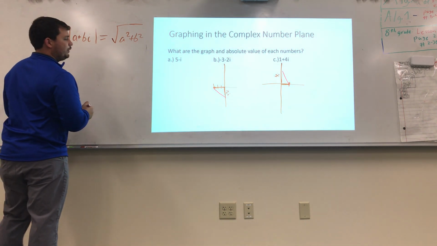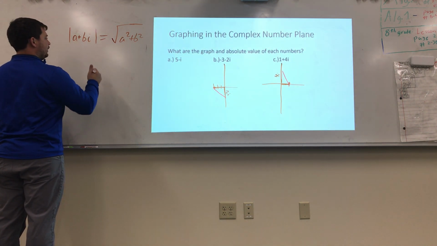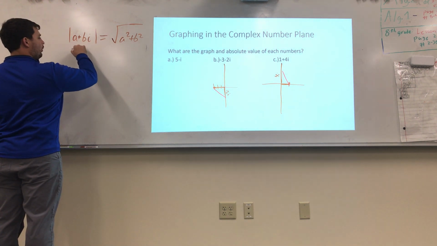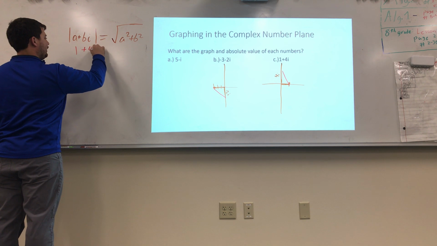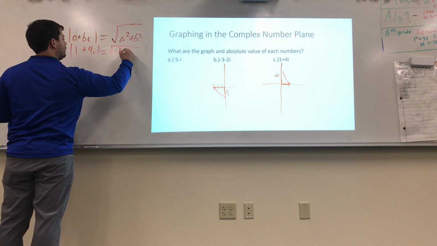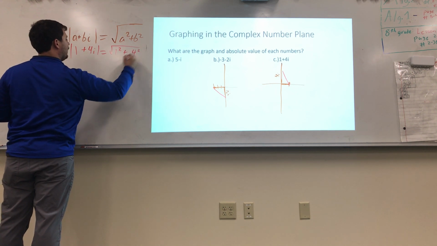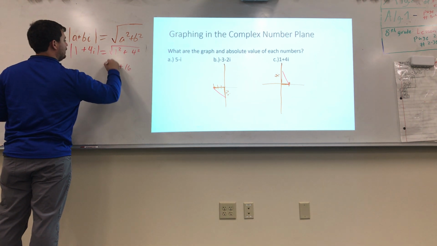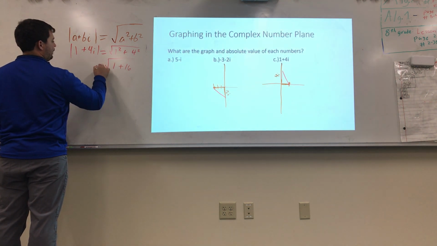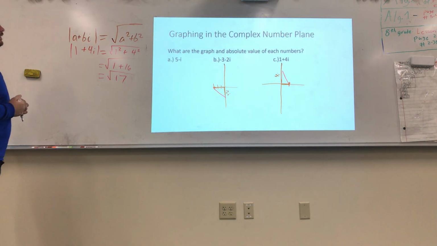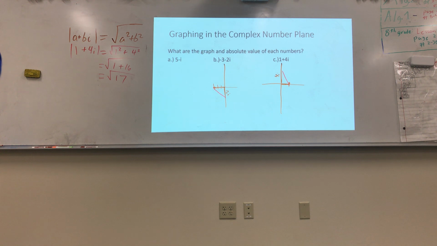We've got the absolute value of 1 plus 4i equals the square root of 1 squared plus 4 squared. So now we're going to end up getting 1 plus 16. Then you get the square root of 17. That is your answer for C.